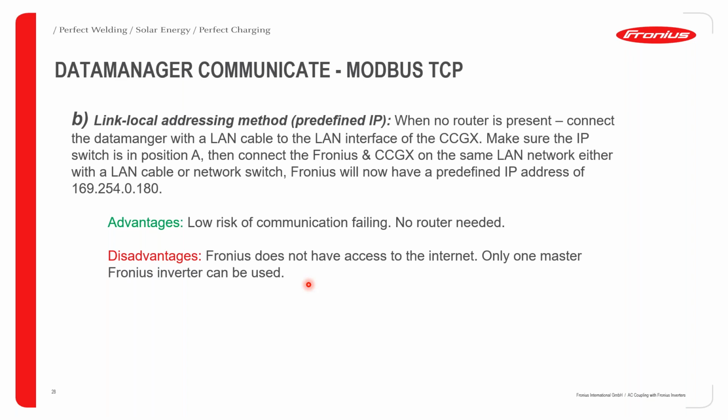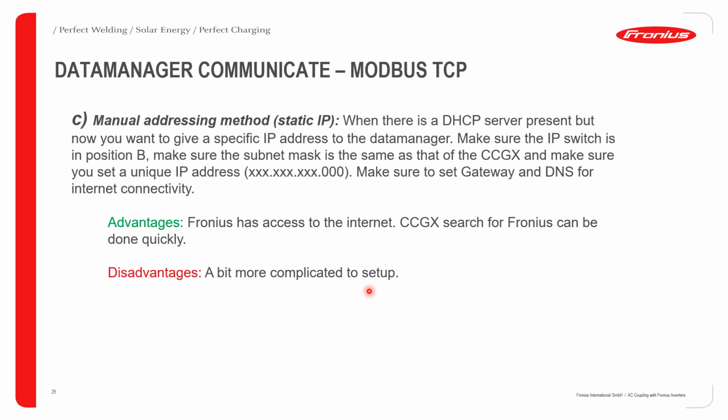As I mentioned before, if you have a setup with several Fronius inverters, you can only have one inverter as a master. So you cannot assign internet to one data manager in the same network and have a connection to the SOLAR.WEB from the second data manager. This would not be possible.